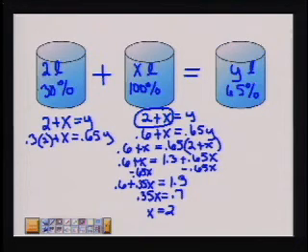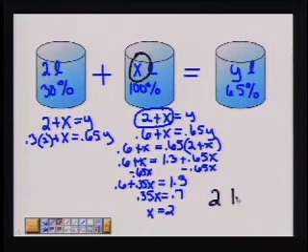But notice, the x coordinate in my system is the amount of liquid that I'm going to need to use in the pure alcohol beaker. So that is the number of liters. 2 liters of pure alcohol is what I need. And that's really what the question asked, so I can stop there.